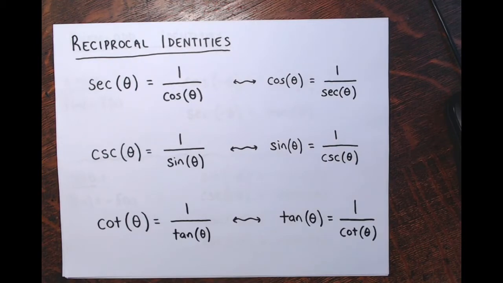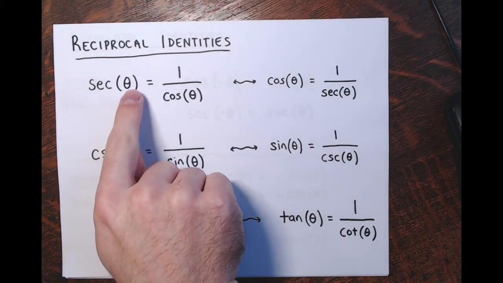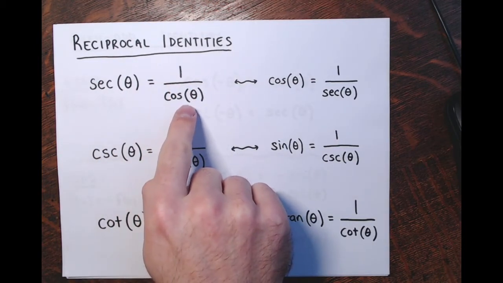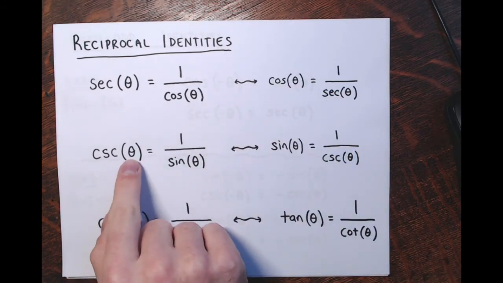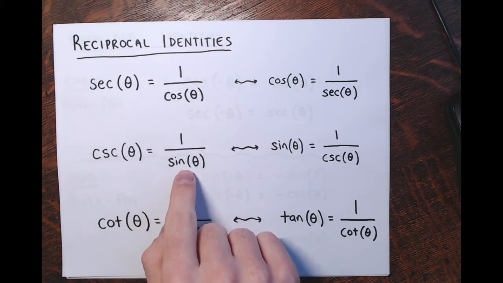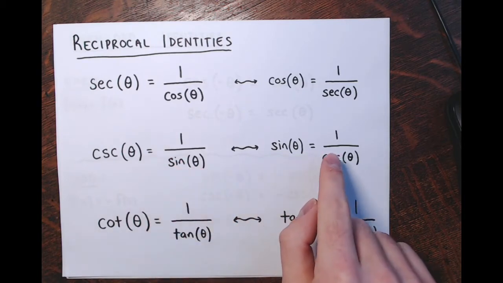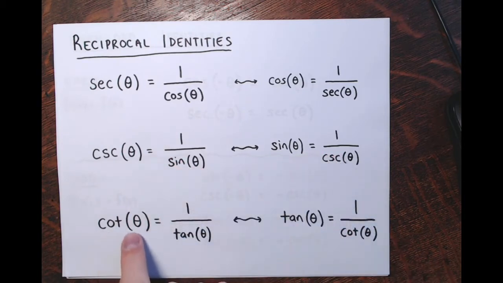Remember, the secant of an angle was the reciprocal of the cosine, and vice versa. The cosecant of an angle was the reciprocal of the sine, and vice versa. And the cotangent of an angle was the reciprocal of the tangent, 1 over tangent, and the other way around too.